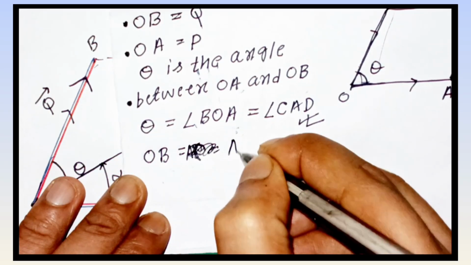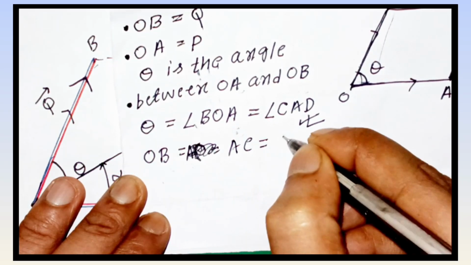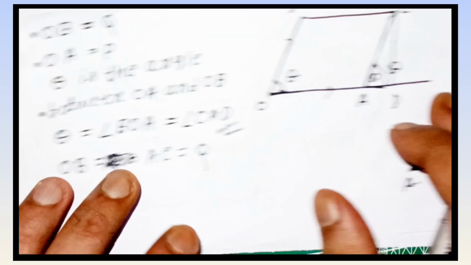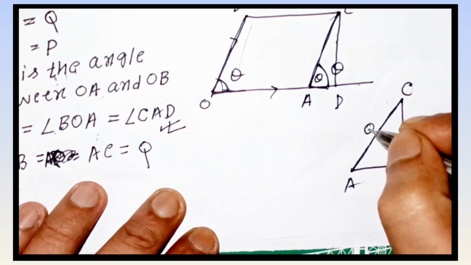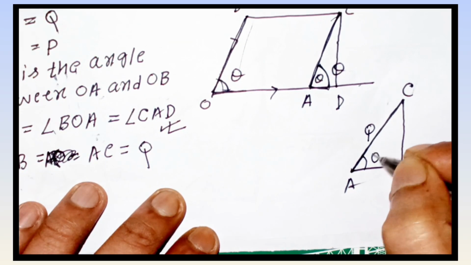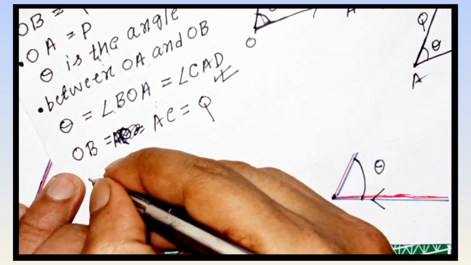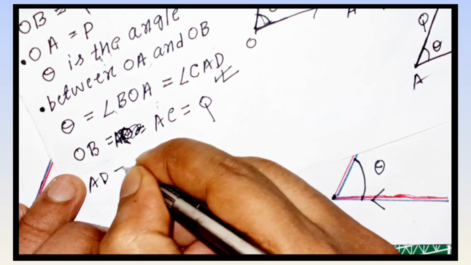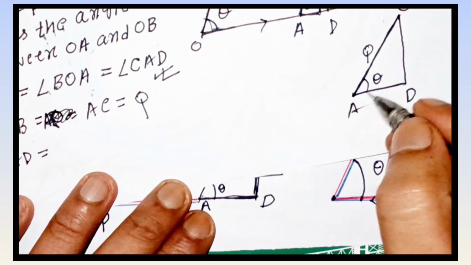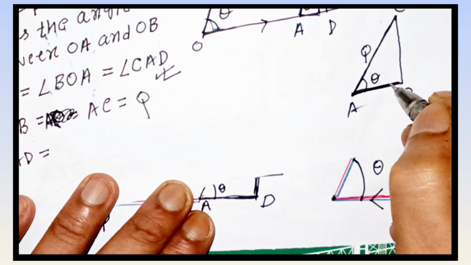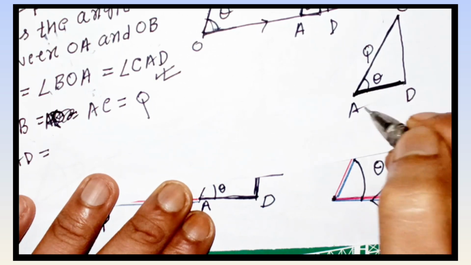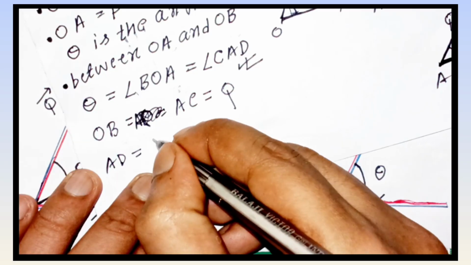Dear student, write down OB equals AC equals Q. So in the small triangle, AC equals Q. Now we have to figure out the components AD and DC. You know trigonometry from your childhood. AD equals what?